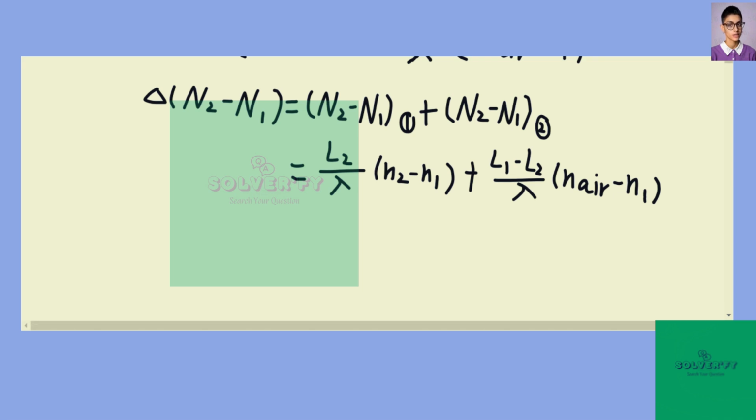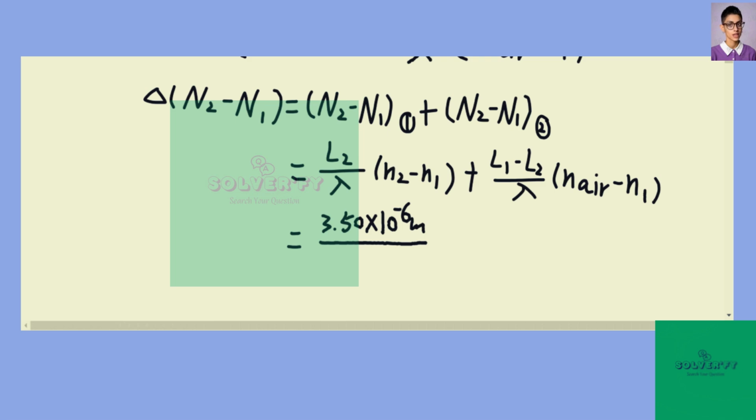which is L2 is given as 3.5 micrometer, which is 3.50 times 10 to the power of -6 meter, since 1 micrometer is 10 to the power of -6 meter, over lambda, which is given as 600 nanometers.